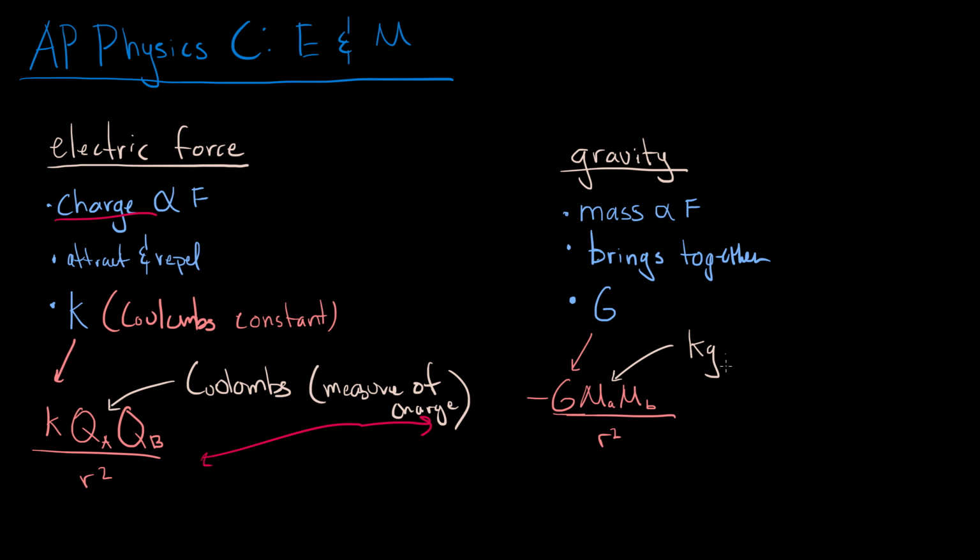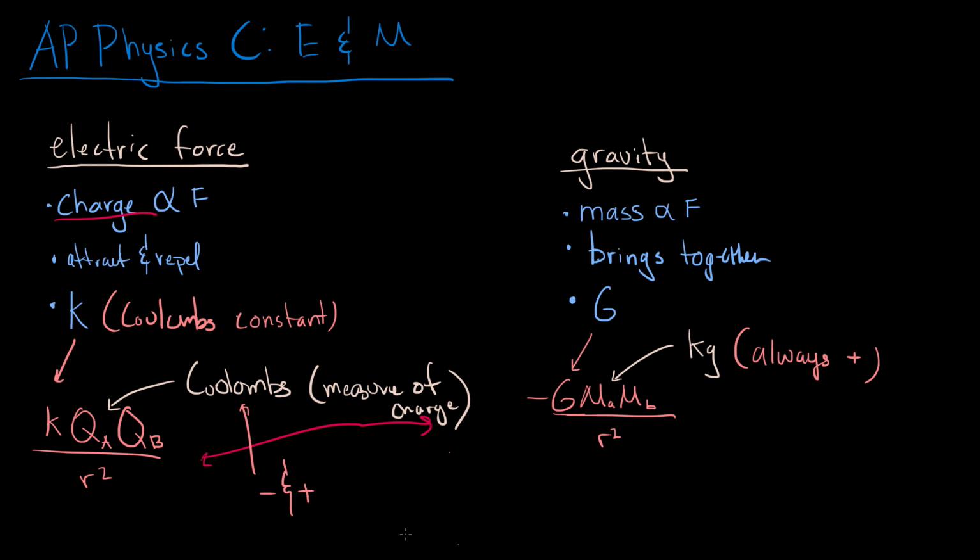And so, although kilograms always has to be positive, charge, as we talked about before, can be both negative and positive, right? Because you can have negative charges and you can have positive charges.